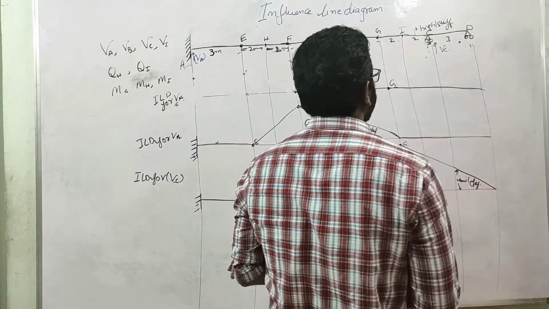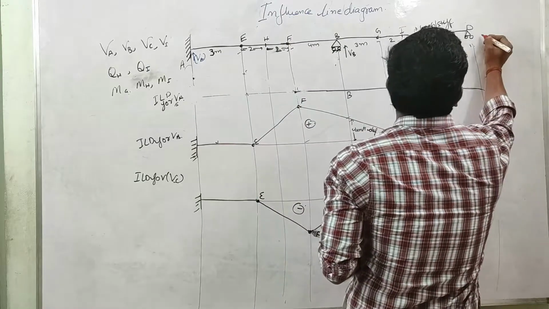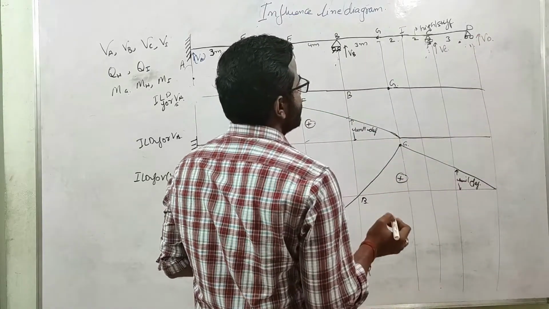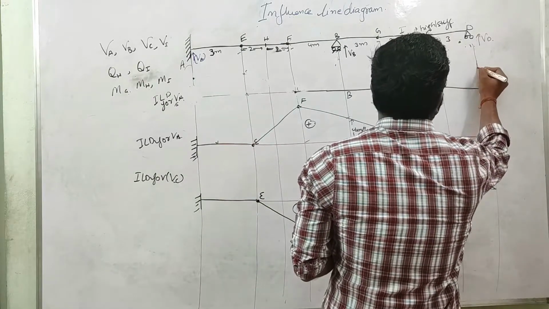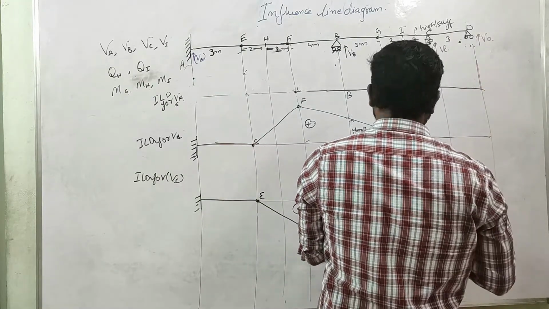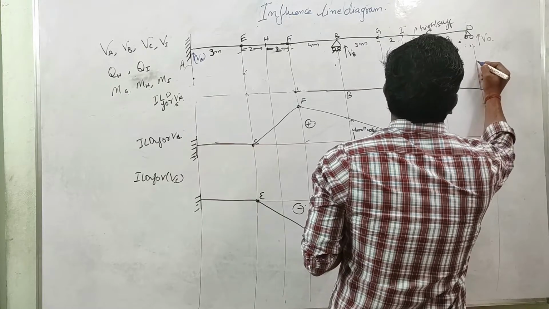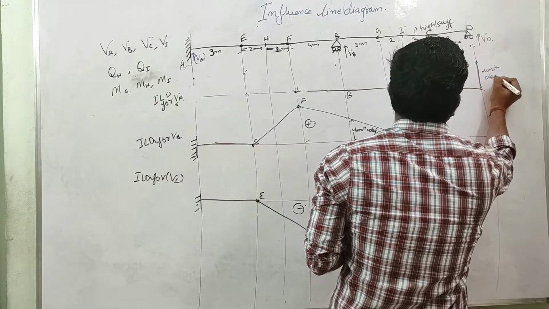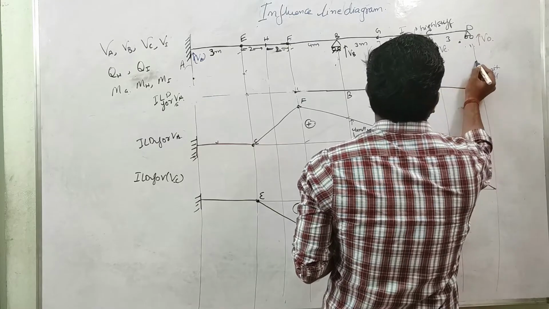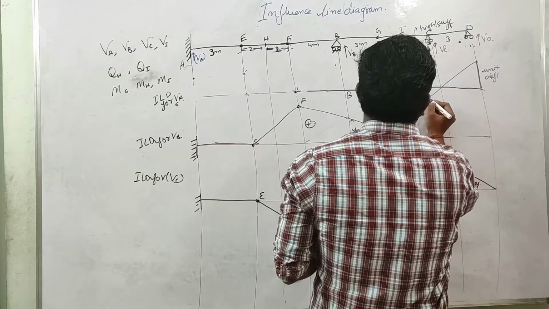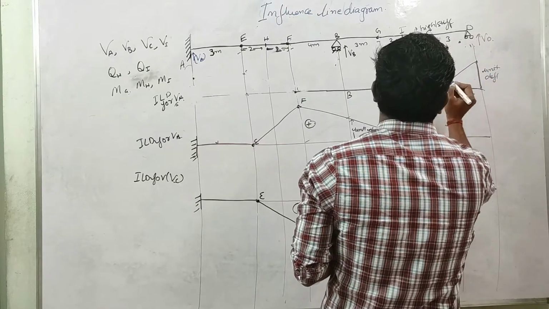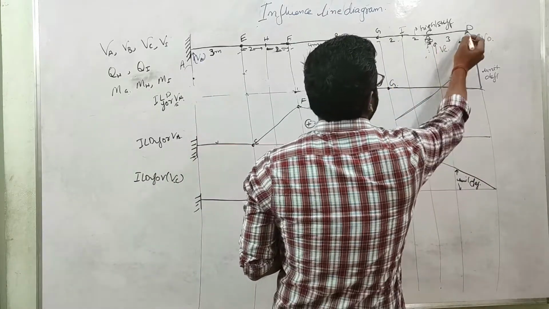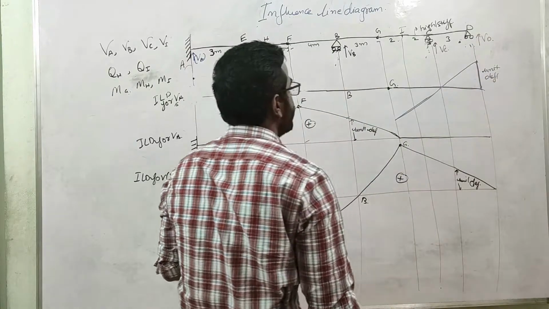We need to release this vertical force at point D, and we need to apply the unit deflection along this force. So when we are releasing this vertical force over here, this is our unit deflection. And at this C boundary, it is coming like this up to G point. Again, this G point can move up and down because this portion has lost its stiffness, because we have released the vertical force at point D.